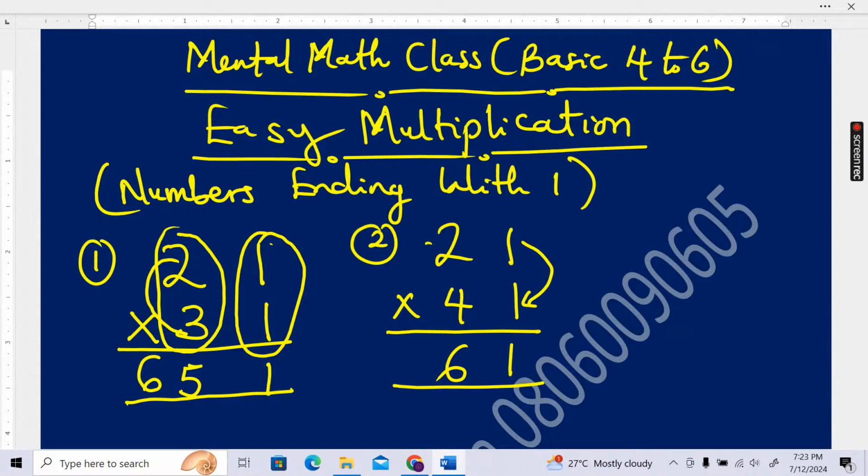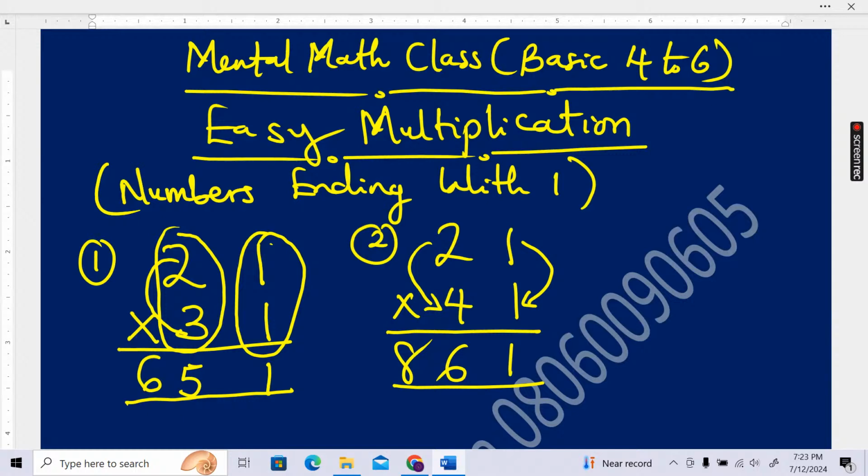Then we're going to multiply the two numbers. 2 times 4, that is 8. So 21 times 41 is equal to 861. Now, you can go ahead and use your long multiplication to try this out if you're going to get the answer right. The answer will still be the same.